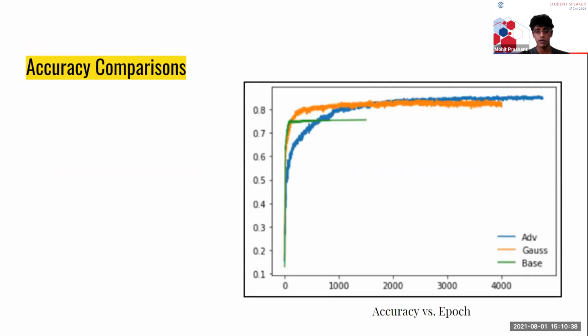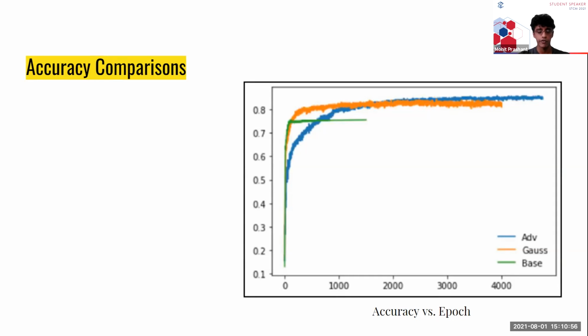These are the results from a single trial. We can see that the accuracy over time of the adversarially trained network is far higher than our base neural network and slightly higher than our Gaussian neural network.